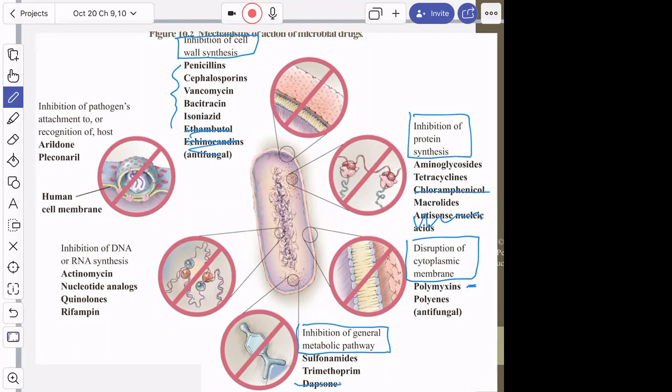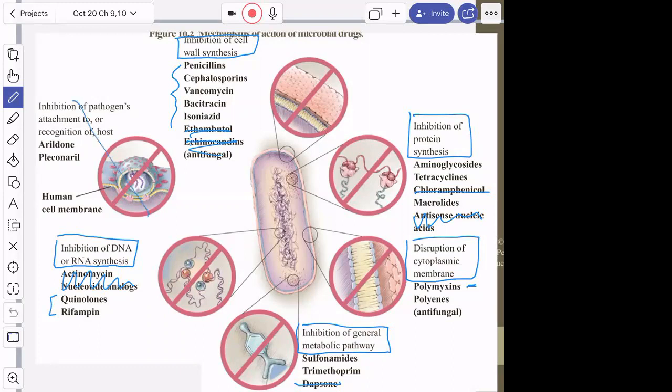And then this is where in your book, they have these as two separate categories, drugs that inhibit RNA synthesis and drugs that inhibit DNA synthesis. Here, they're just together in one category. We're not going to worry about the first two here. We're going to talk about the quinolones and rifampin as examples there. They're targeting enzymes that bacteria have, which are a little bit different than the ones that we use.